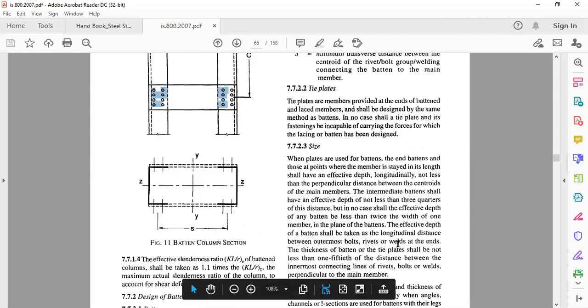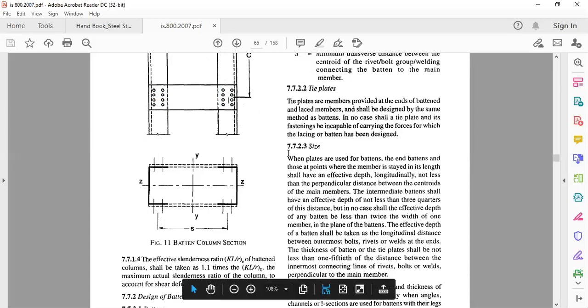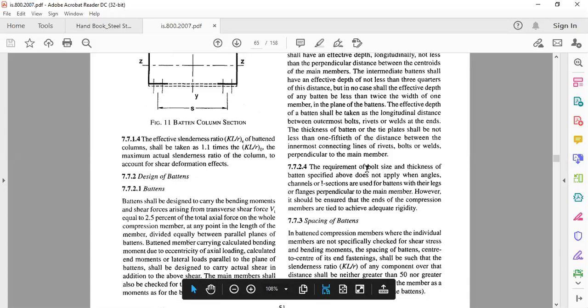The effective depth of the batten shall be taken as the longitudinal distance between the outermost bolts. So the effective depth is nothing but the outermost bolt to bolt distance, from this bolt center to this bolt center. That is what we are going to take.